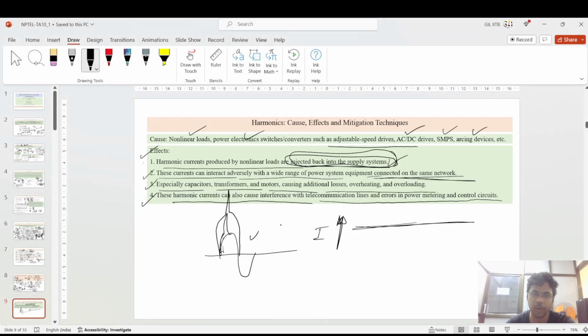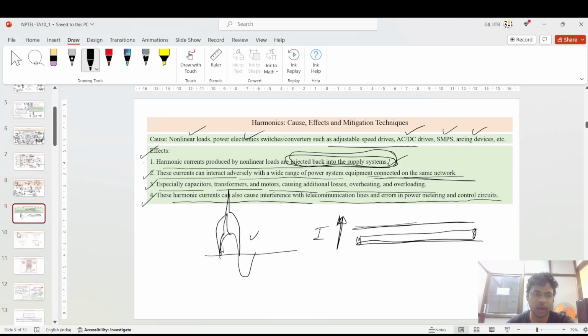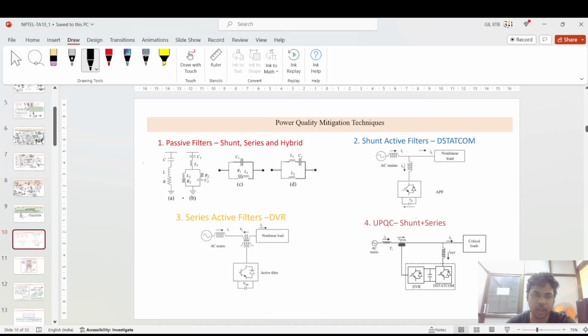So you get flux linkage between the transmission lines and the communication cable mounted on the same line, and that is also problematic.